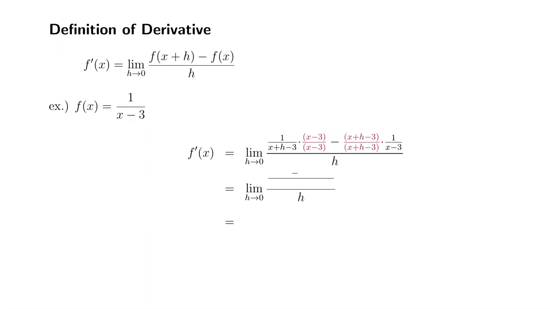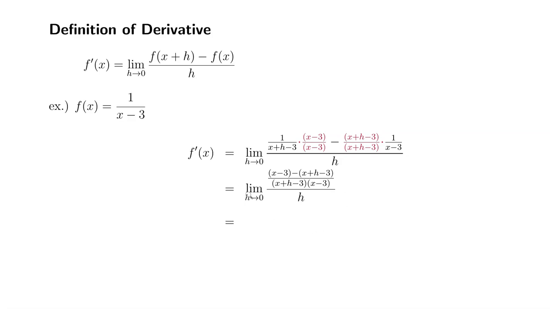Here you have 1 times x minus 3, so x minus 3 goes there. Then you have x plus h minus 3 times 1, so x plus h minus 3 goes there.